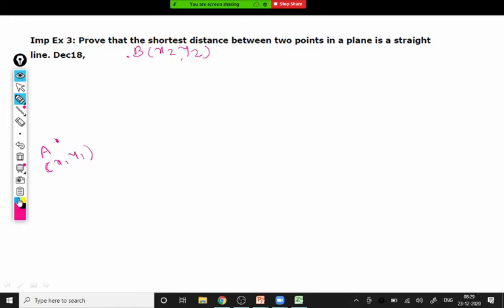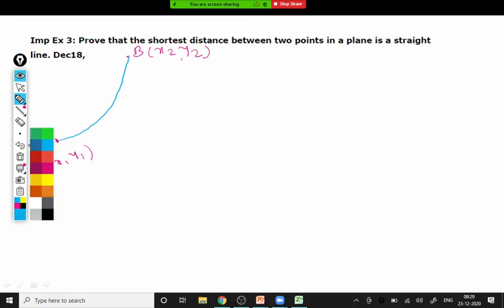So we are going to take any random curve here. Let me draw some random curve like this. This is the curve C. On that curve C, to construct the equation for the distance, we are going to take two neighboring points.